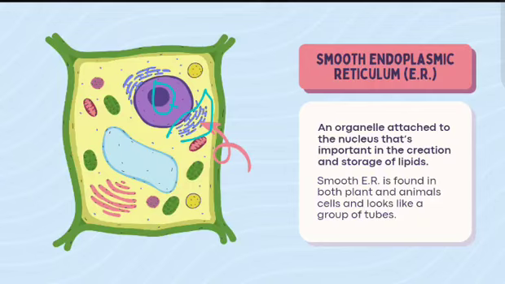Smooth ER is found in both animal and plant cells. I will show the animal one also after this.